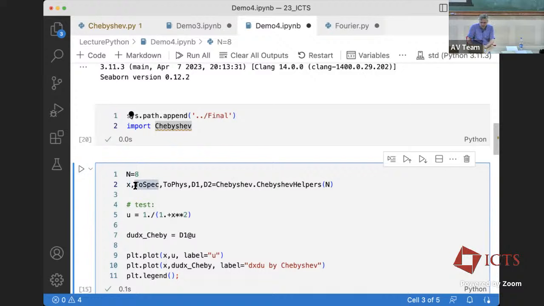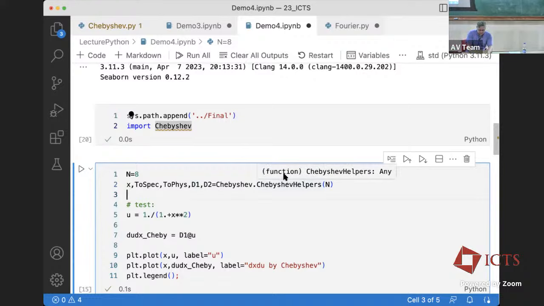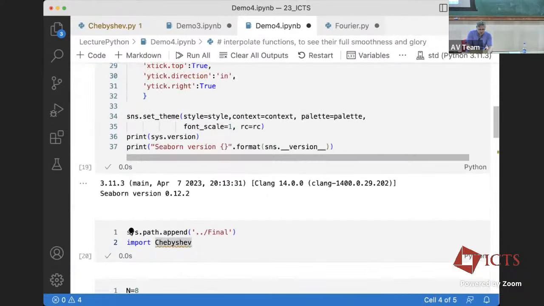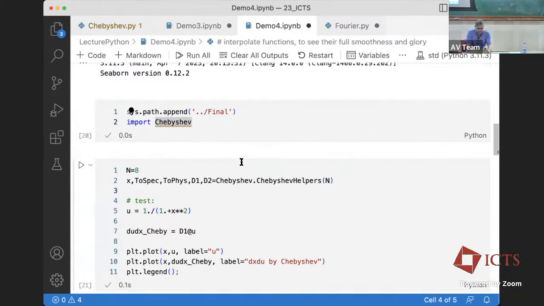It returns the matrix 2 spec, which I'm calling S on the blackboard. It returns the matrix 2 phys, that I'm calling P on the blackboard. And it returns this matrix D, the first derivative matrix, and a similar one for the second derivatives. And so you can put all this in a function that computes all these things, nice and smooth.